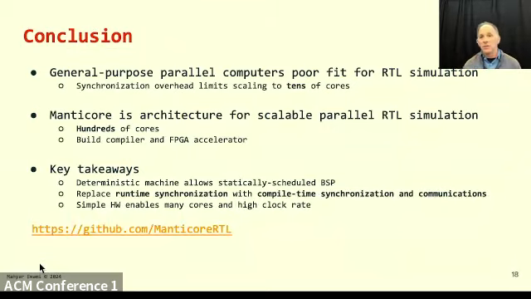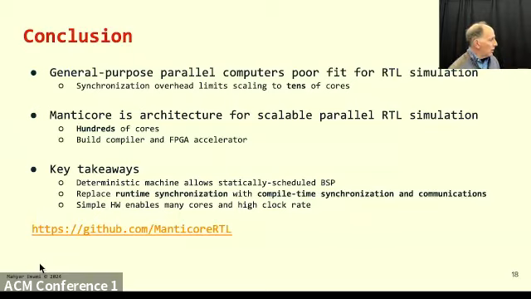Manticore is the architecture we designed for scalable RTL simulation. We can go up to hundreds of cores. We built the compiler and an FPGA accelerator of it, and it runs FPGA simulations. Key takeaways: if you have a deterministic machine, you can statically schedule BSP, and you can get rid of the runtime overhead that way.